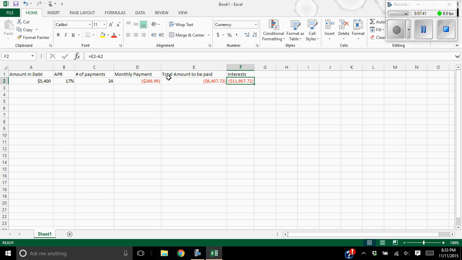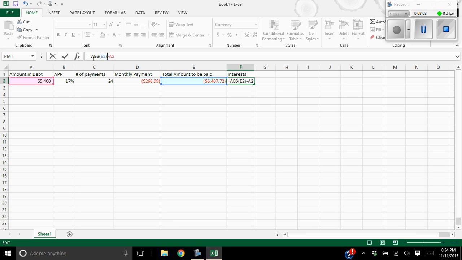The problem is because this number is in red, right, it thinks it's a negative number minus a negative number. And you know that when you have a negative number minus a negative number, it's kind of like adding them together. Now, we don't really want them to be added together. We want them to actually subtract each other. So we got to do a couple different things. We got to go back up to our function bar, and we got to type in ABS, and then put in parentheses our E2.